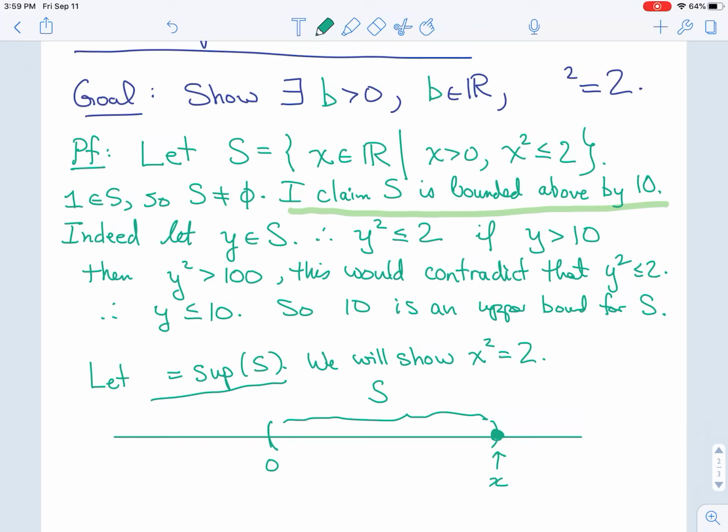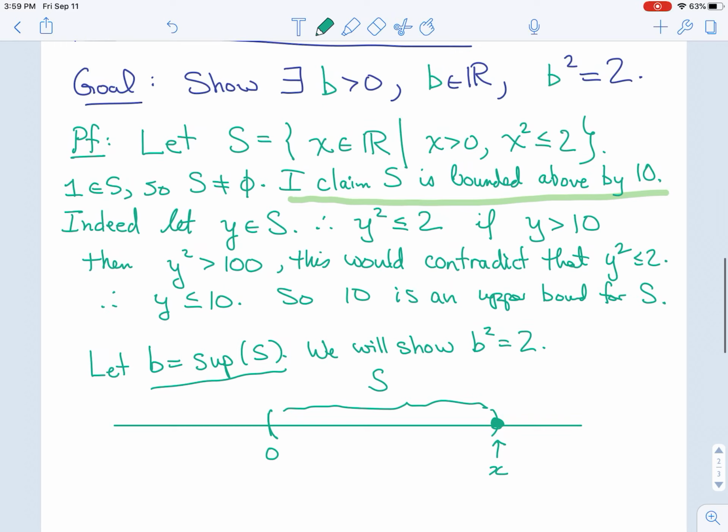I'm going to call it B. And I want B to be the number that's the square root of 2. I just don't want there to be any confusion as to the difference between this number B that's ultimately going to be our square root of 2 and the placeholder in that set notation. Okay. And so now I will show that B squared is equal to 2.